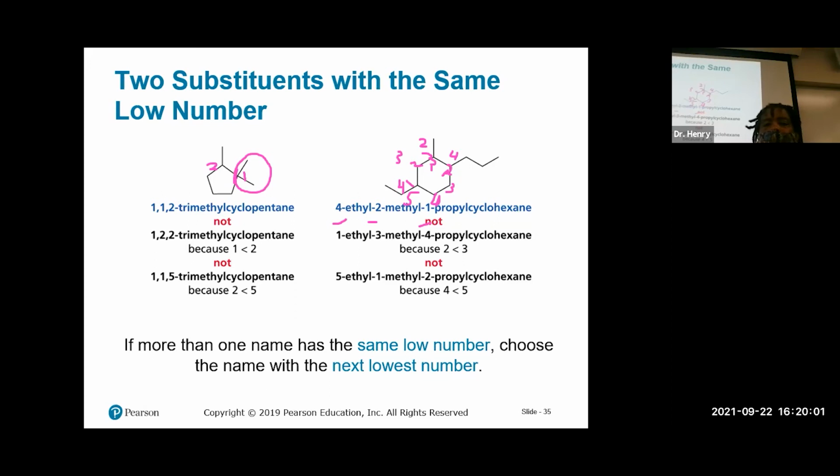Let me throw it back up, because then it'll make more sense if you see it. So we had a methyl and a propyl, and then we had ethyl and methyl here.